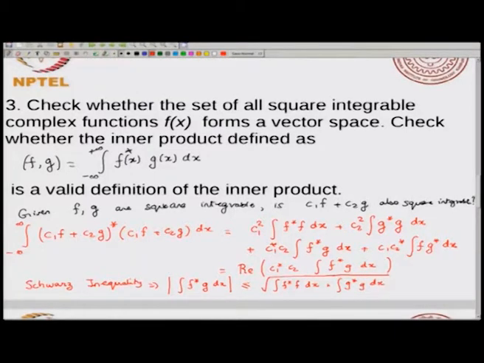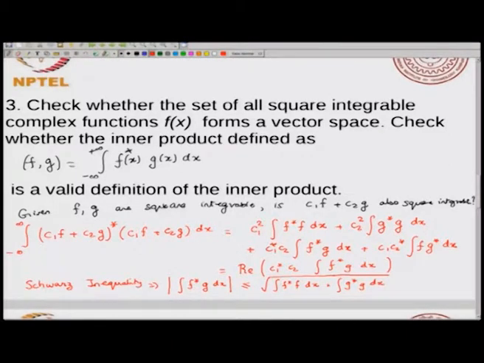Okay. We will show this in the next problem, but the basic idea is that this integral, where you have f star and g, is basically less than the product of f star f and g star g, under the square root sign. Now, each of f star f and g star g is less than infinity.